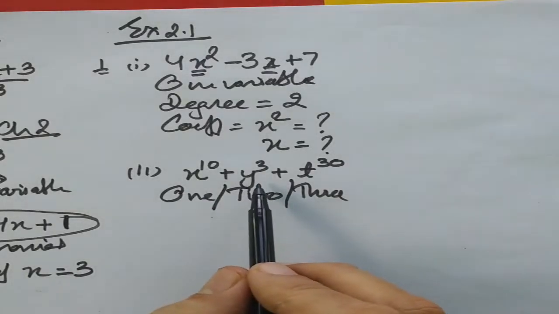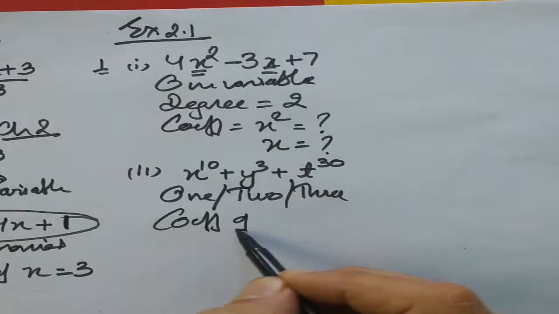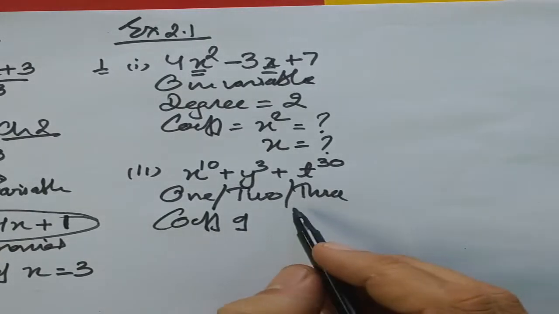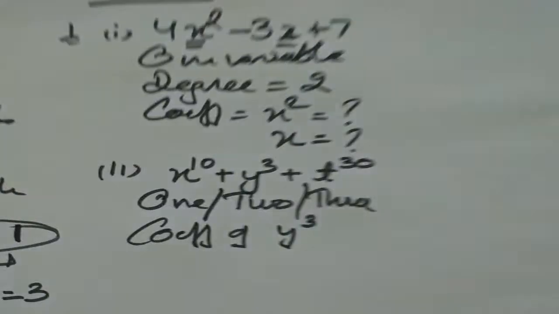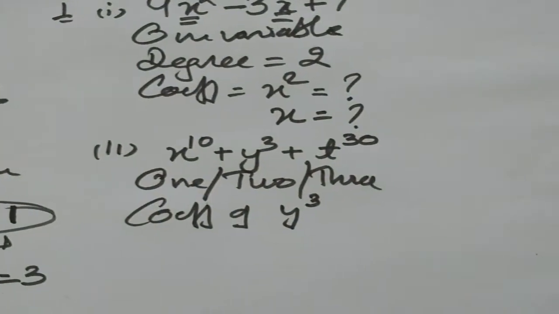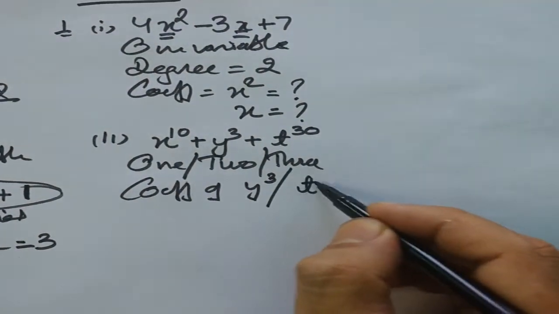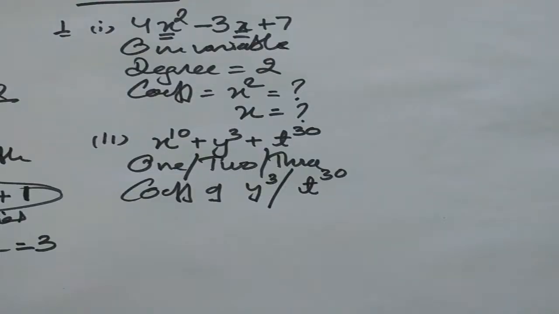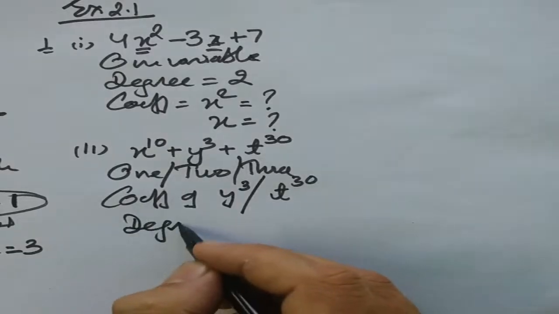Simple answer. What is the coefficient of y cube? What is the coefficient of y raised to the power 3? What is the coefficient of t raised to the power 30? Coefficient I had just explained. Then what is the degree? Degree I will tell you.